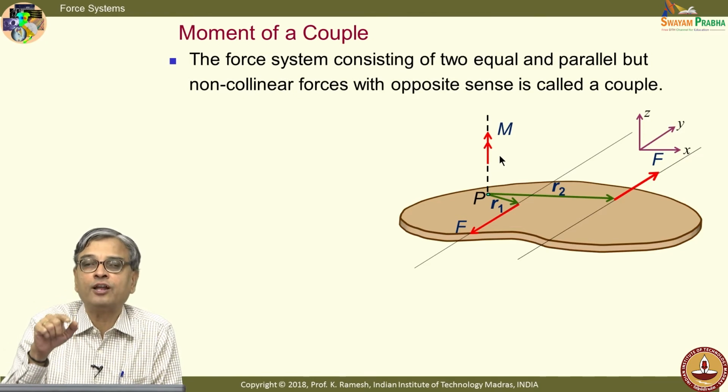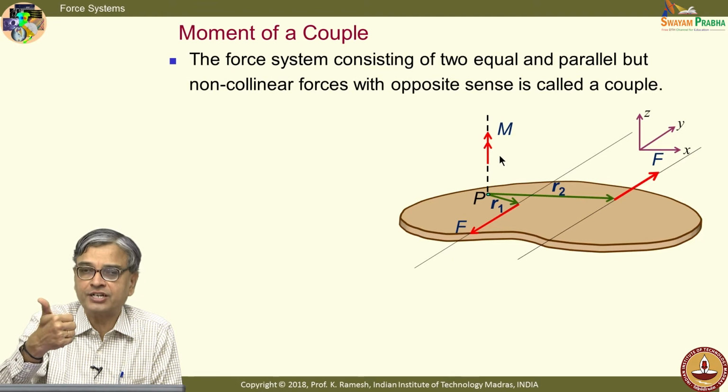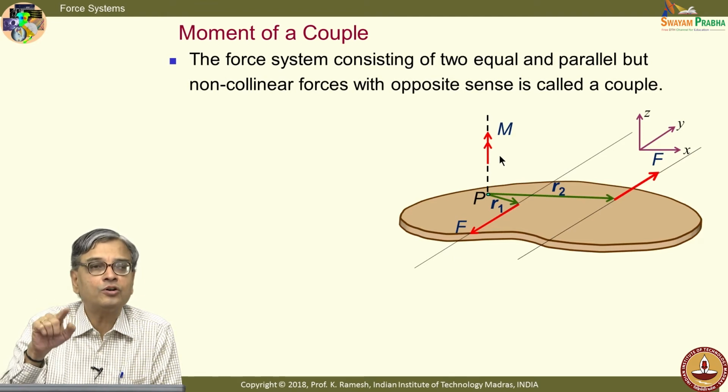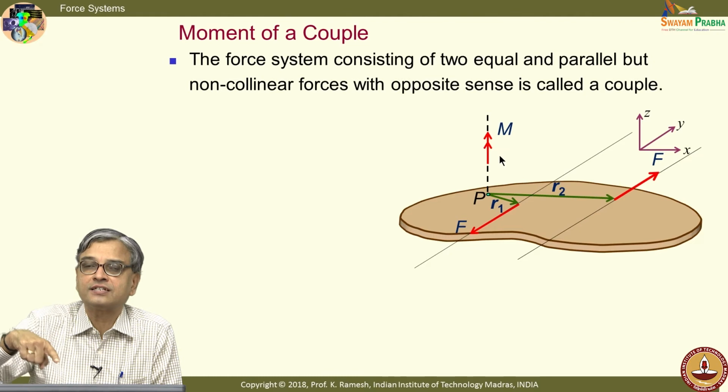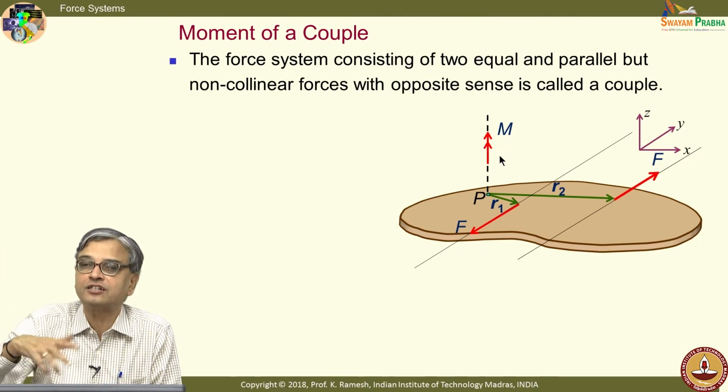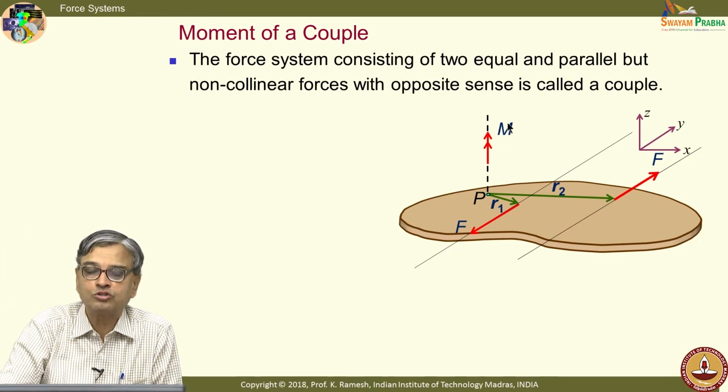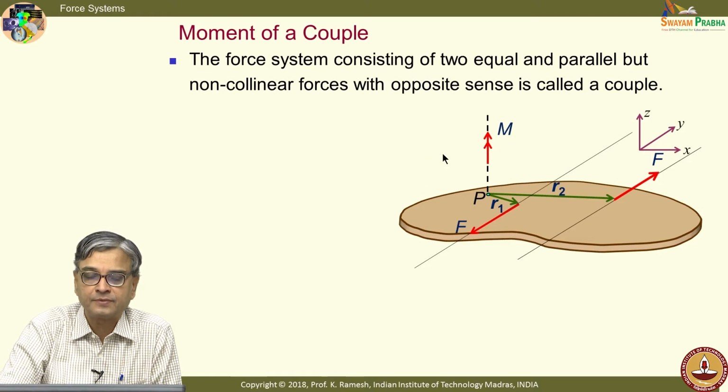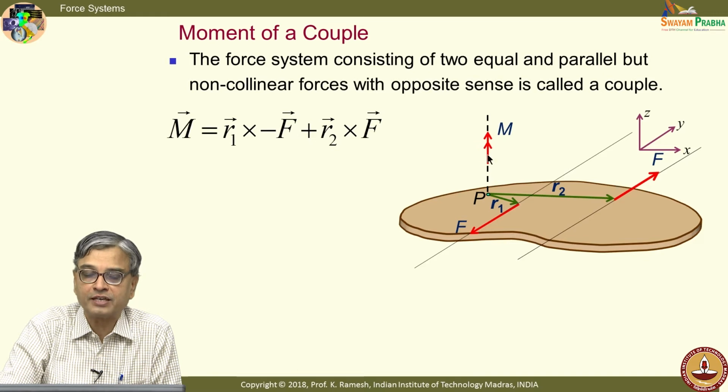Either I can have one arrow and then show the sense of direction, or put two heads which shows this is in the positive direction or in the negative direction. These are two symbolisms used in depicting moment. I deliberately chose a different symbolism here, so that you will learn both of these.